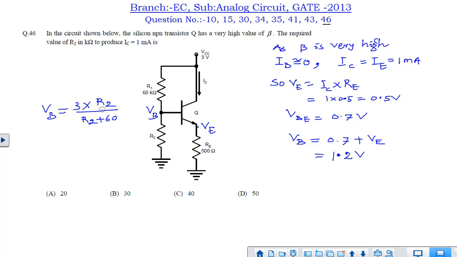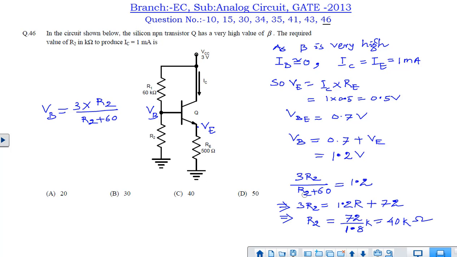So here 3 R2 divided by R2 plus 60 is same as this VB voltage, that is 1.2 volt. So we have only one variable, we can easily solve and find out what is R2. That will be coming out as 40 kilo ohm. Hence among the options, option C is the correct answer.